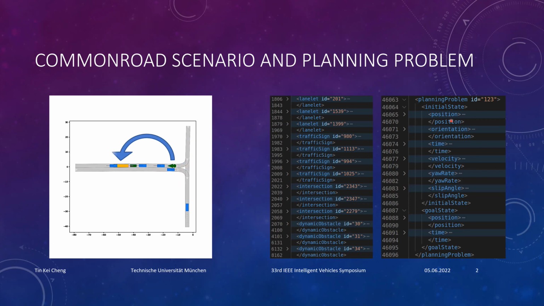For the planning problem, we have the initial state and the goal state where my vehicle wants to arrive. There are some criteria for the goal. It can be a certain time you have to reach the goal or survive after a certain time, and it can be a position, velocity, or orientation you have to achieve.